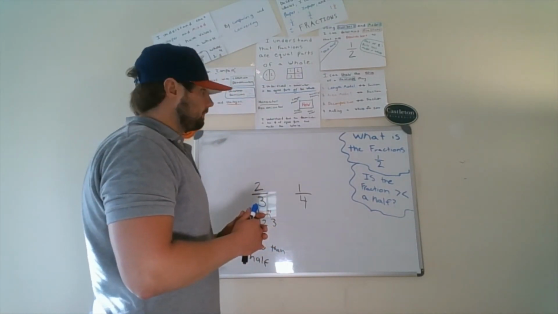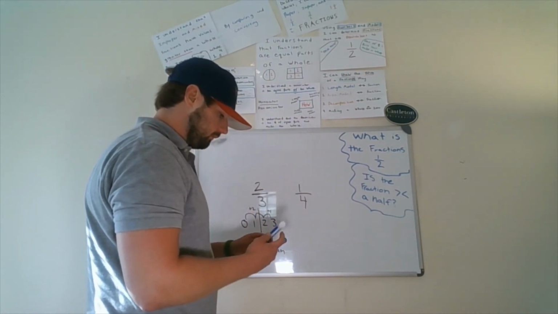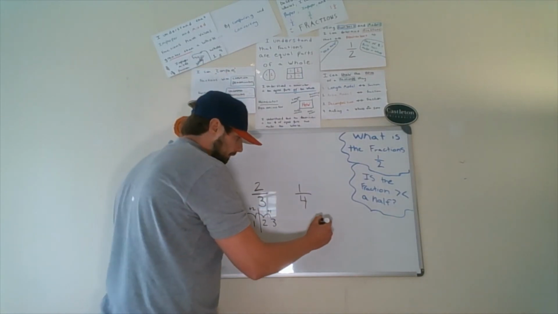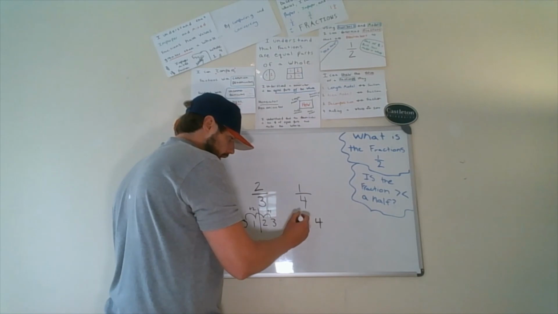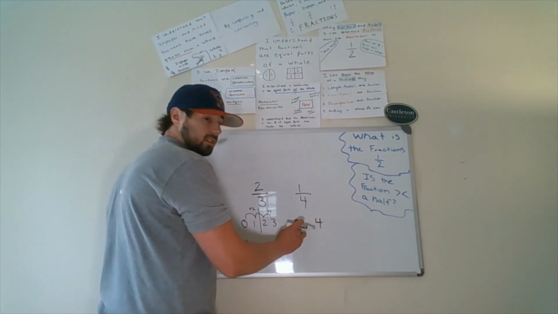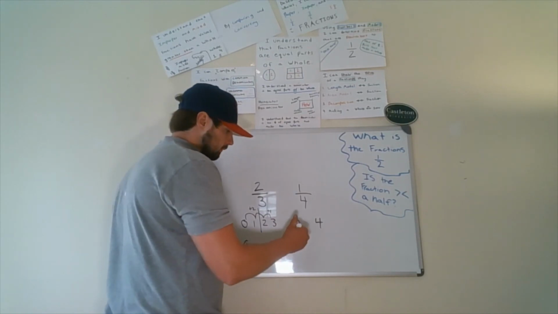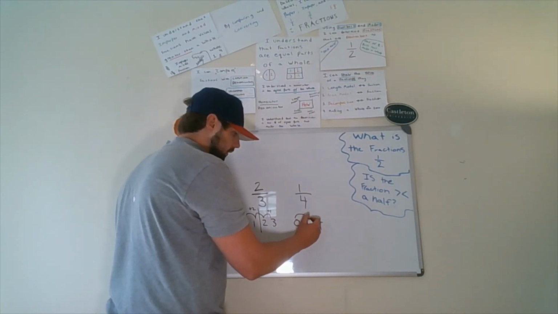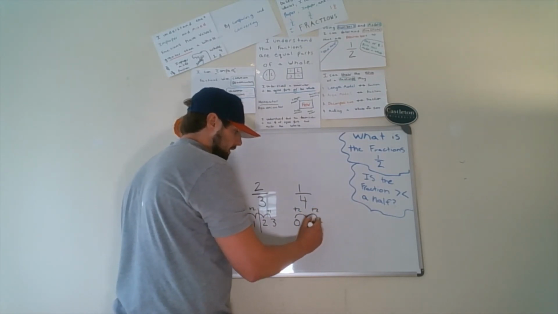1/4. What is the fraction's half? Well, I know 4 parts make that whole. 0 parts is 0. What is the middle? What is the half between 0 and 4? It is indeed 2. There are 2 parts between 0 and 2, and 2 parts between 2 and 4.